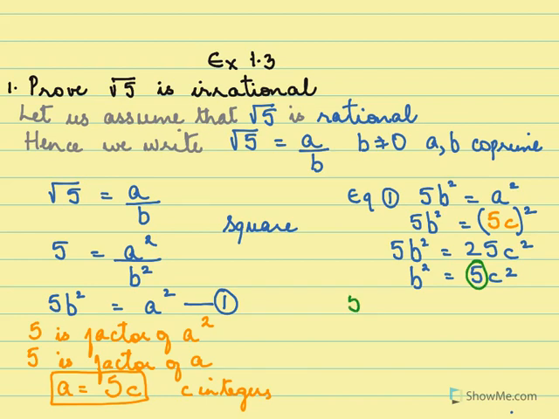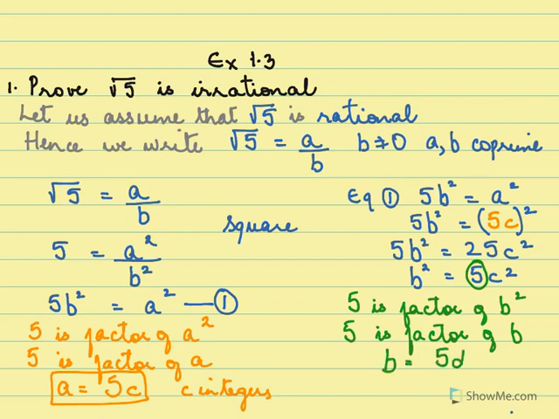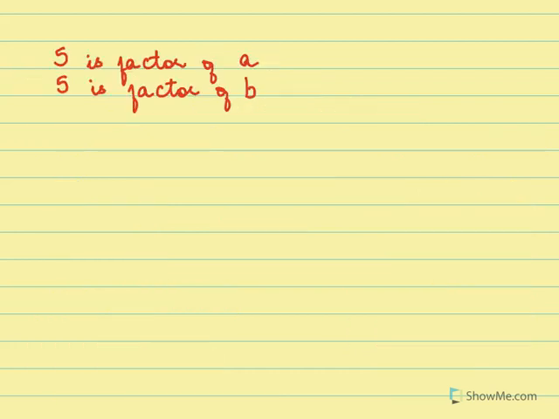Now again here I can say 5 is a factor of b square, which means 5 is a factor of b. If 5 is a factor of b, we can say that b can be written as 5 into d. So here I have an important point. 5 is a factor of a, 5 is also a factor of b.